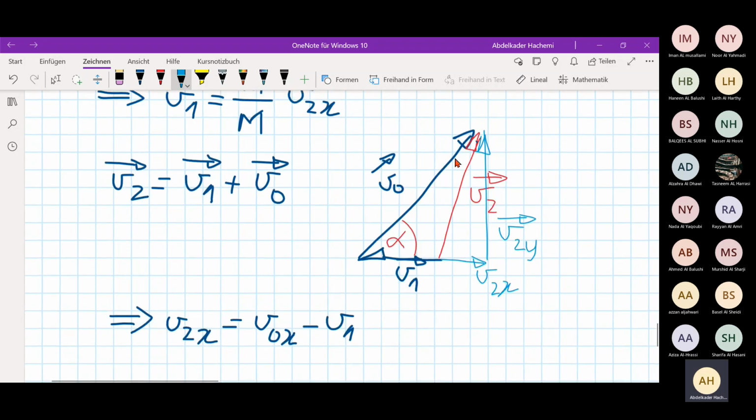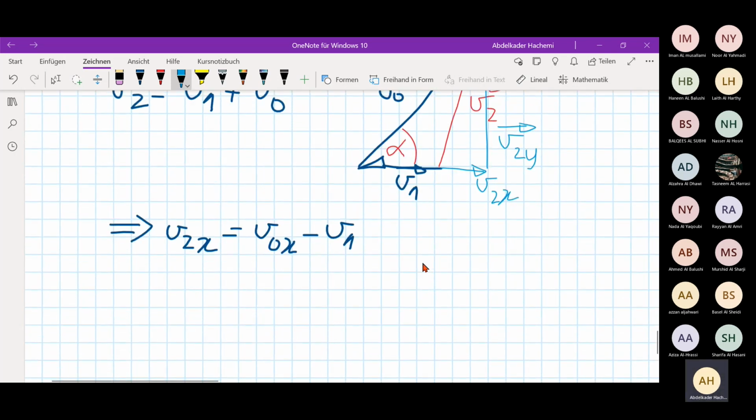When we decompose V0x, it's only V0 cosine alpha. So this will be equal to V0 cosine alpha minus V1.